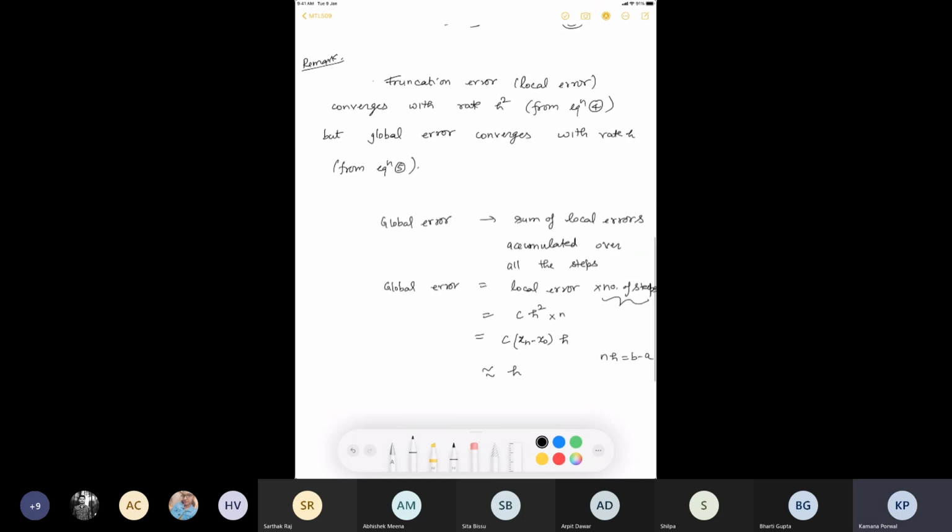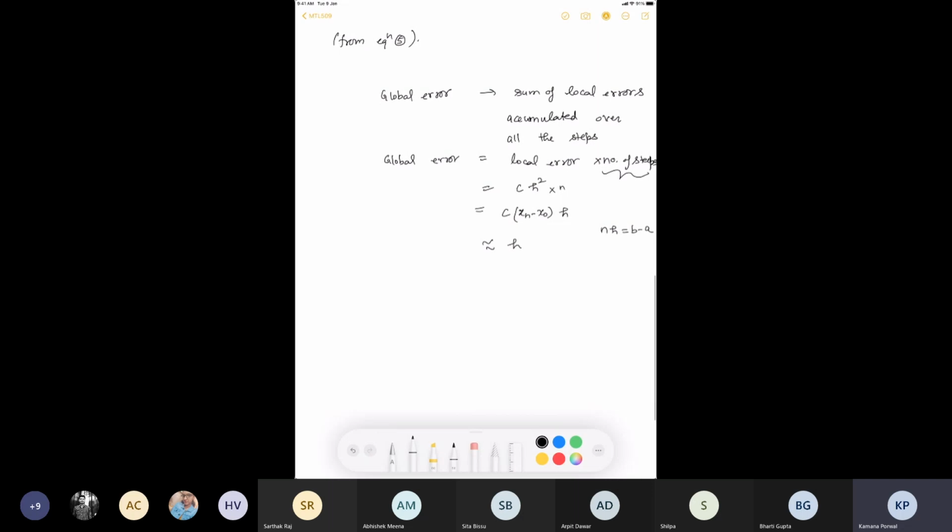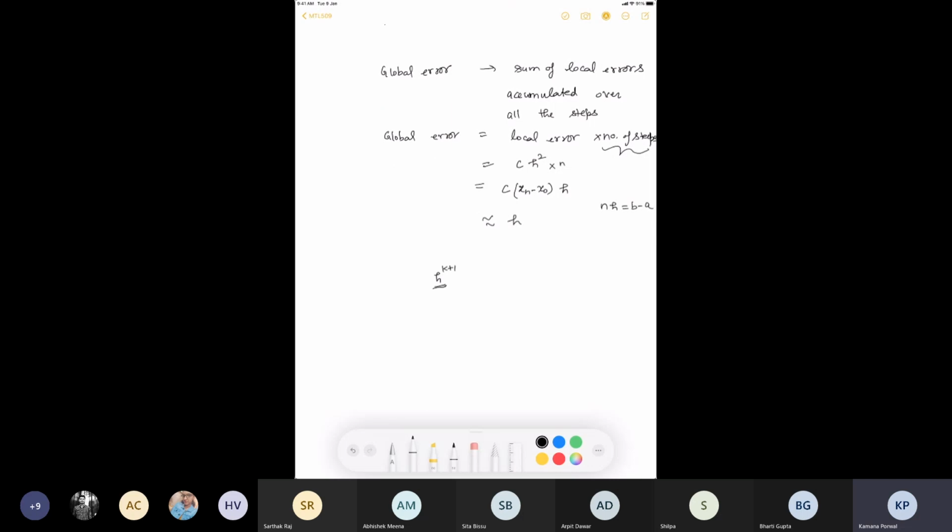Okay. So when we are going to see further methods, whenever we have to design a method of, say, order h raised to power k plus 1, that is, if we want the global error of this order, it suffices to design a method which has a truncation error of one higher.